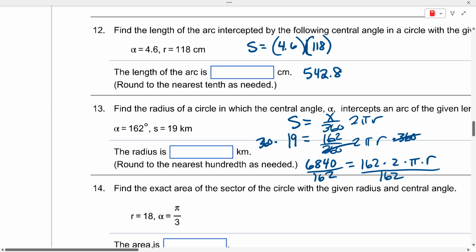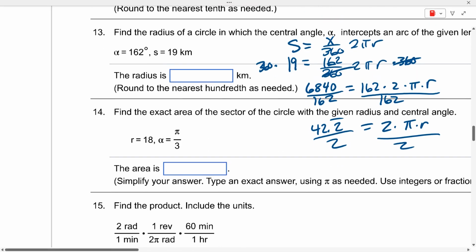What's 6840 divided by 162? And then divide that by 2. Don't clear out your calculator. Divide it by 2. And then divide by pi. So 6.72 kilometers, rounded to the nearest hundredth.